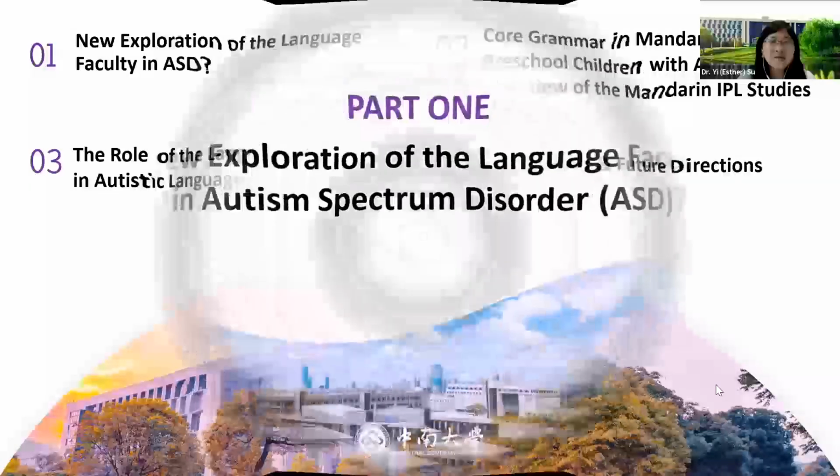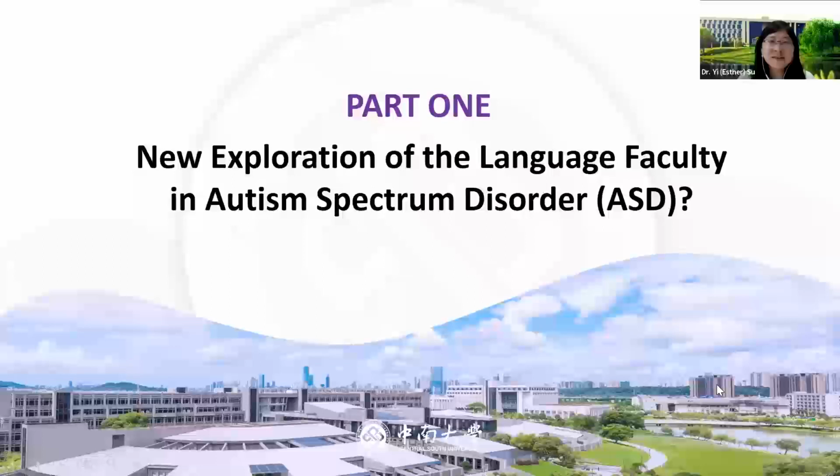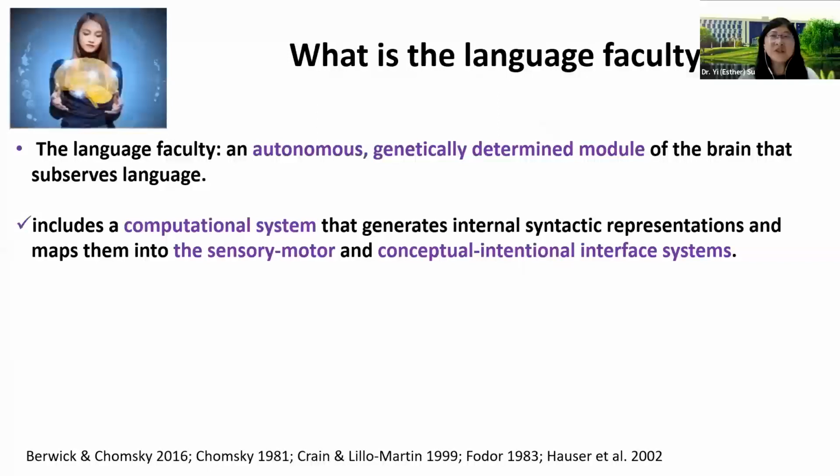So now, first of all, let's look at the language faculty in autism spectrum disorder. Firstly, what is a language faculty? If you major in linguistics, you will know that according to Professor Noam Chomsky, this is a very classic terminology or concept in linguistics, or more specifically in the universal grammar framework. The language faculty is an autonomous, genetically determined module of the brain that subserves language.